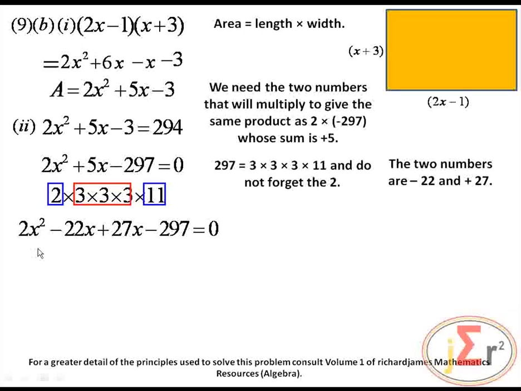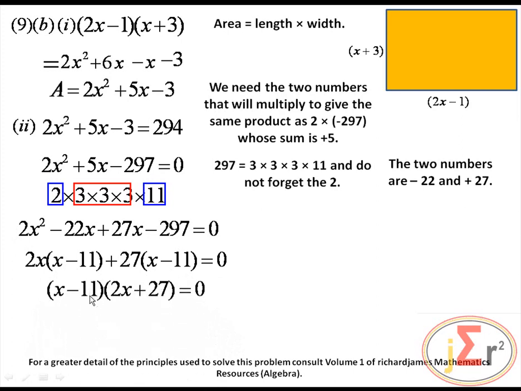So we have the factors there: 2x common, x minus 11 right there, and of course 27 is common in these two, and x minus 11. Then x minus 11 is one factor and 2x plus 27 is the other.